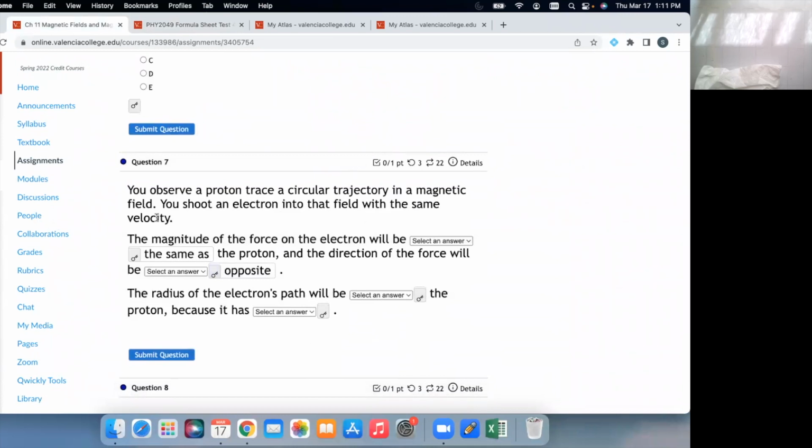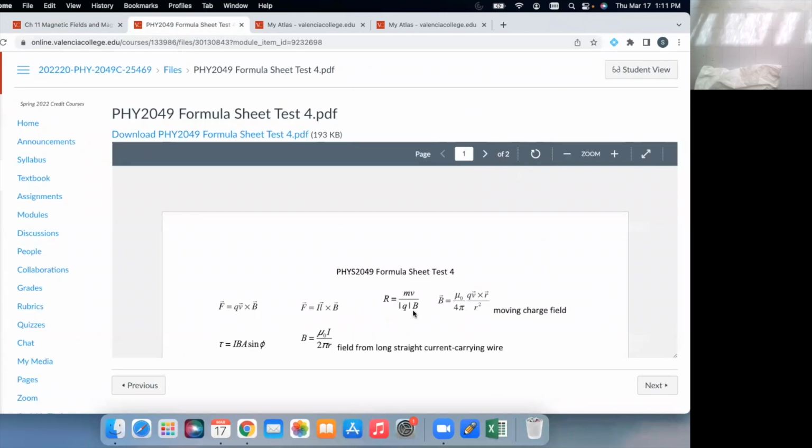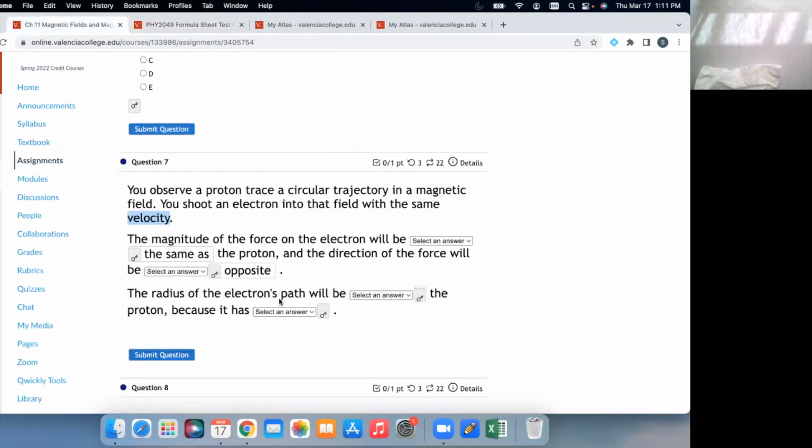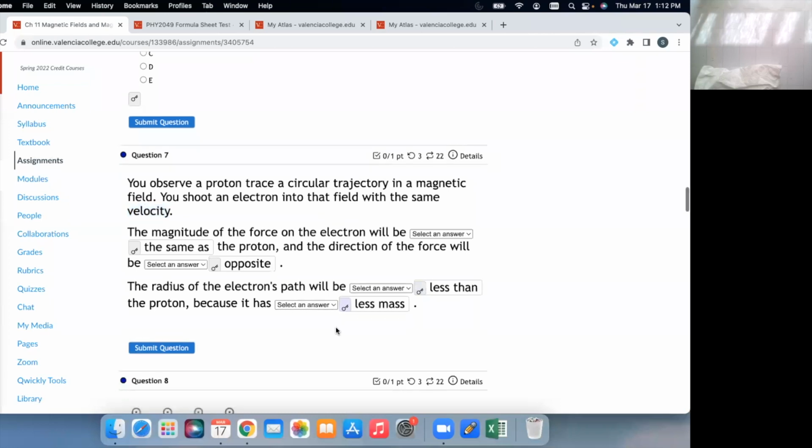Yeah, same velocity. What's going to be different then is the mass. A proton's mass is thousands of times bigger than an electron's mass. Bigger mass would be bigger radius. So the smaller radius belongs to the electron because it has less mass.